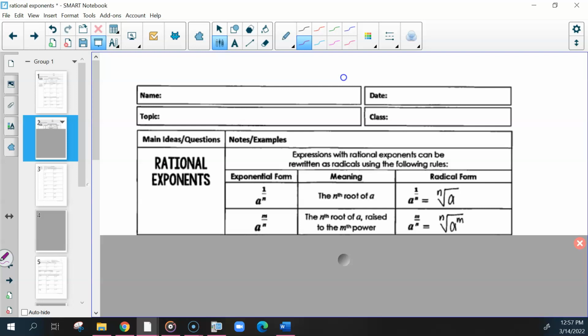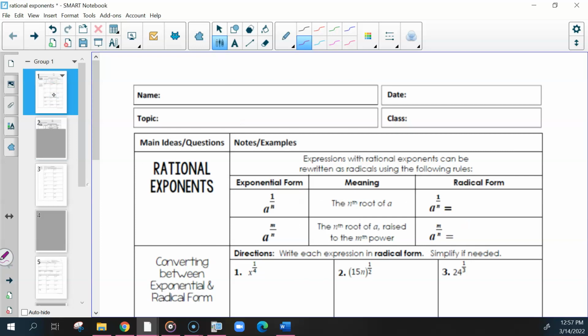If you have something like a to the m over n, this would be the nth root of a, so that part stays the same, raised to the mth power. So we would still do this part the same, but then whatever the a is underneath the radical, we would raise it to the mth power.